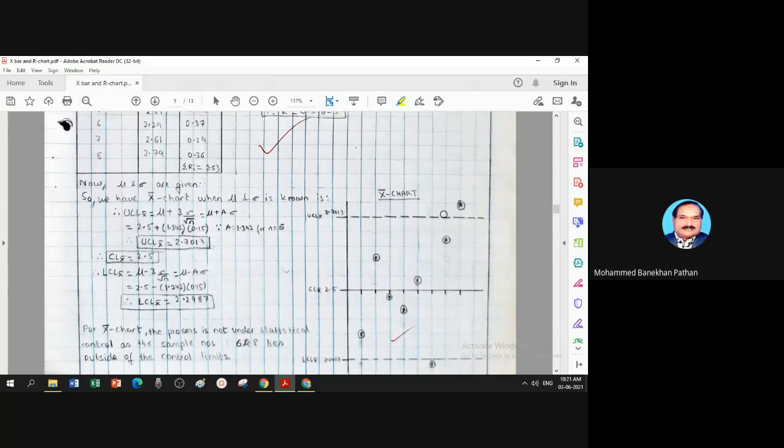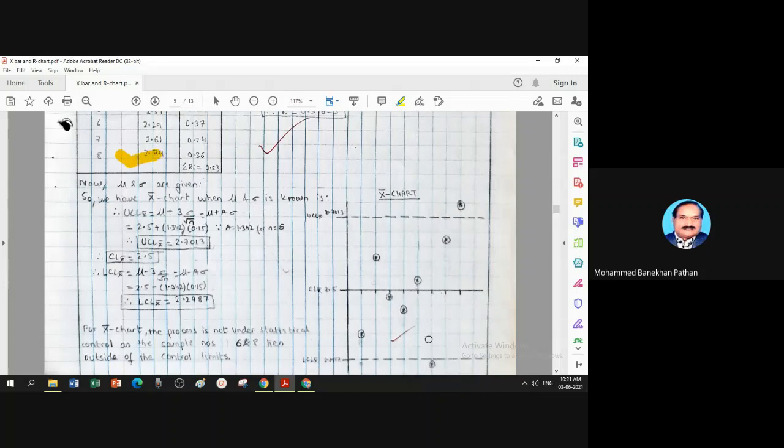Now you can easily see that for sample number 8, the sample mean is 2.79 and the upper control limit is 2.70, so this point goes outside the upper control limit.